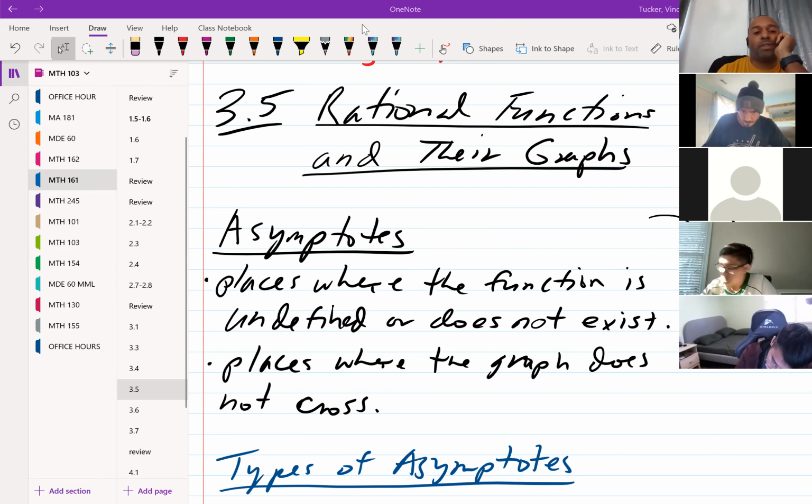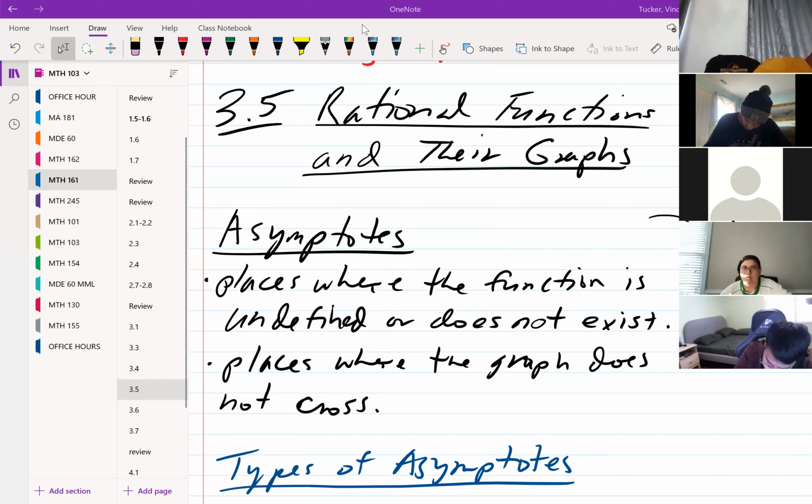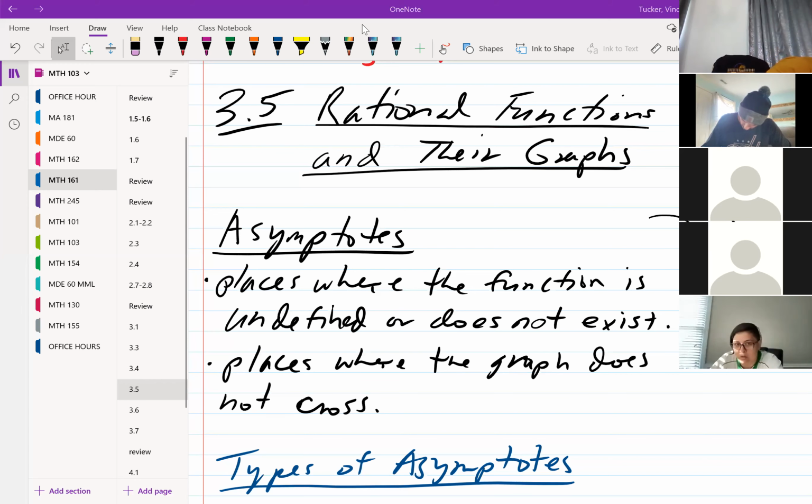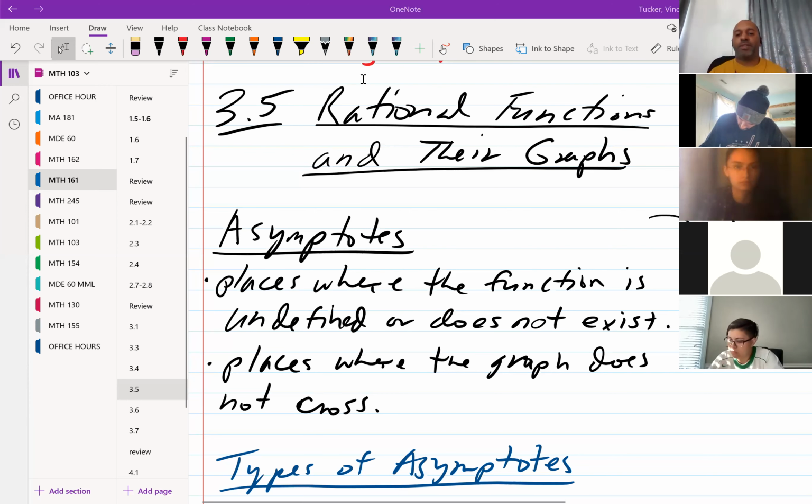What we're talking about today, though, that may be new for some of you, are asymptotes. Sorry about that. Asymptotes are places where the function is undefined or does not exist, or in other words, places where the graph does not cross.